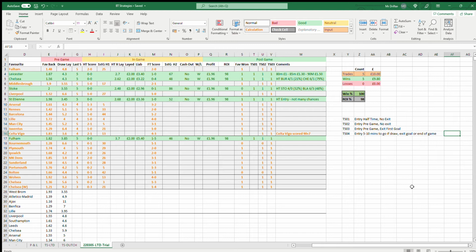So the idea with this one is you'll not put that many trades on anyway, because you'd only be looking at games going into the last 5 or 10 minutes that are currently at a draw, but you'd still have a clear favourite in the game to win.